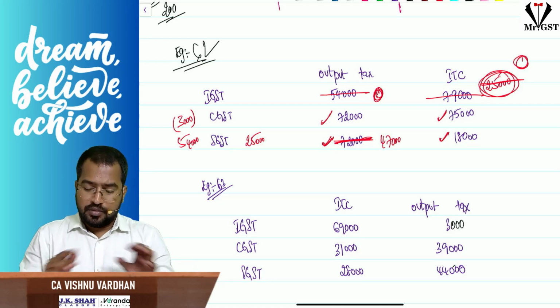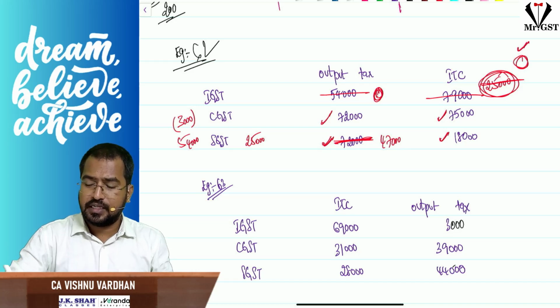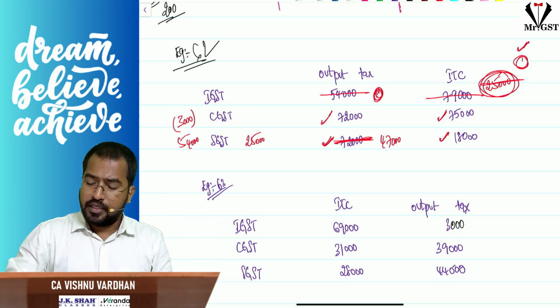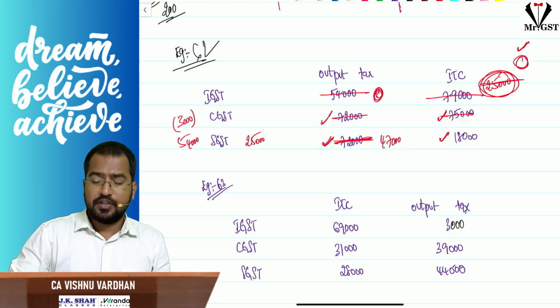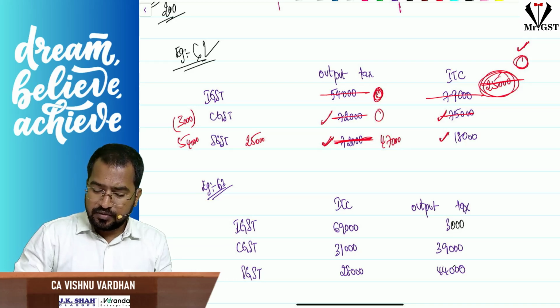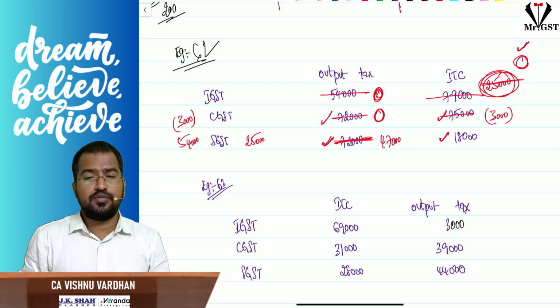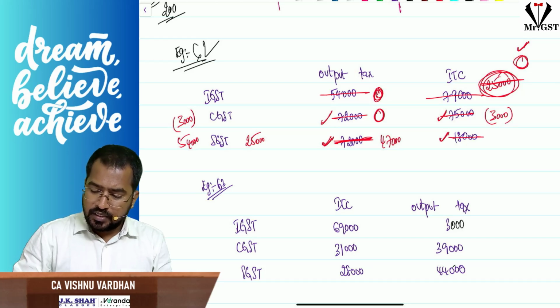Okay, so now first target achieved or not? You have made IGST ITC balance 0 or not? Yes, sir. Now the moment you do that, use CGST for CGST. So CGST 75,000 I have, liability only 72,000, so liability becomes 0, but I can carry forward still 3,000. Next, SGST for SGST.